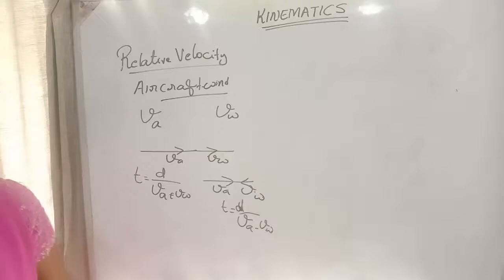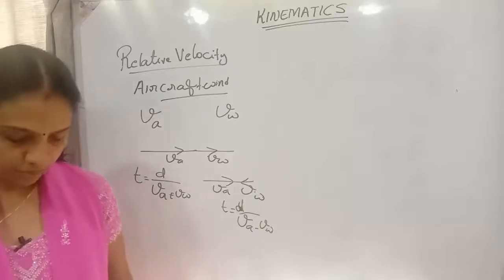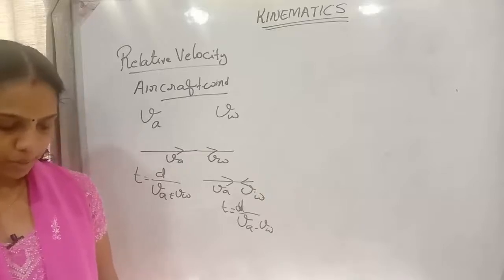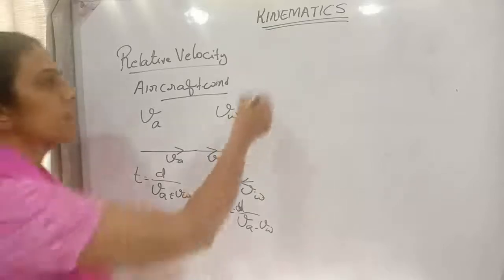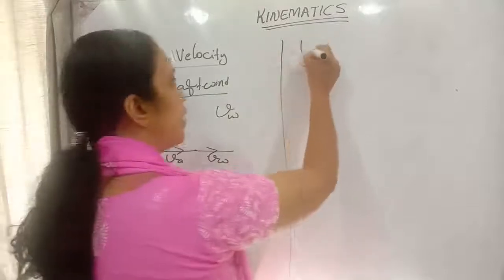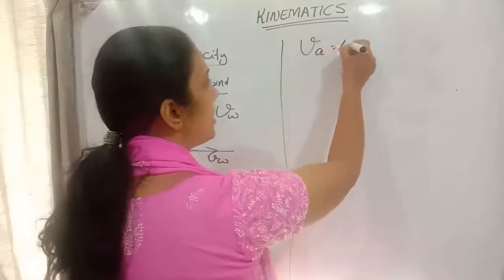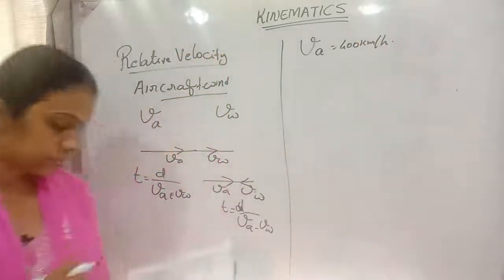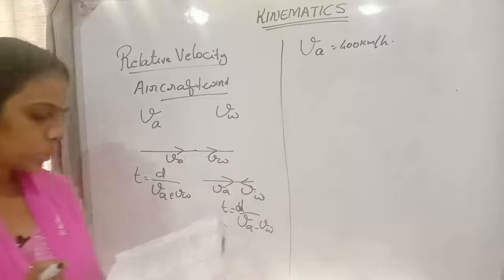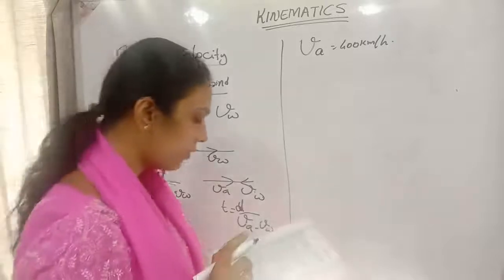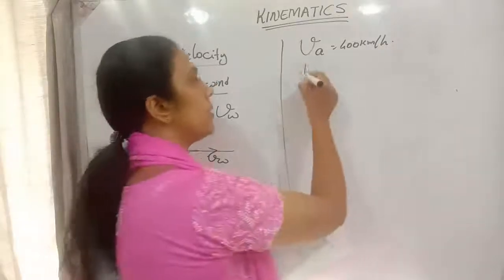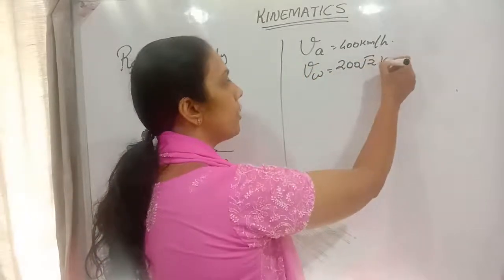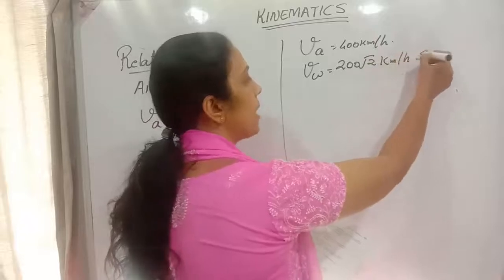Here the first question is: an aircraft flies at 400 km per hour in still air. So the speed of the aircraft is 400 km per hour in still air. Wind of 200 root 2 km per hour is blowing from south to north.